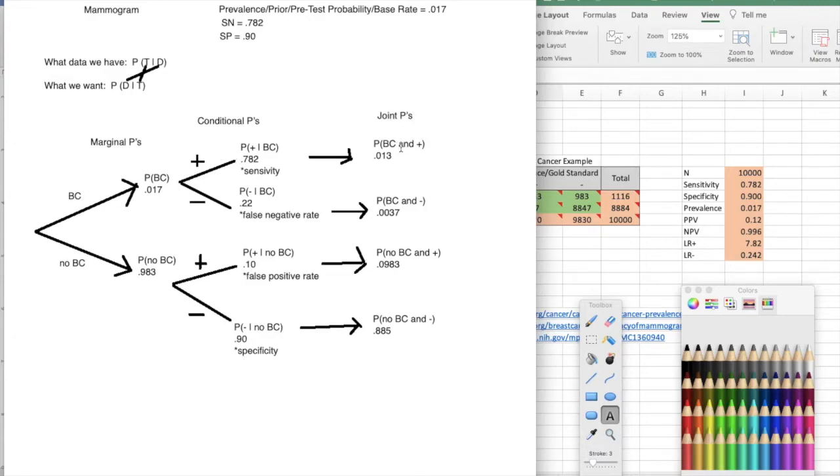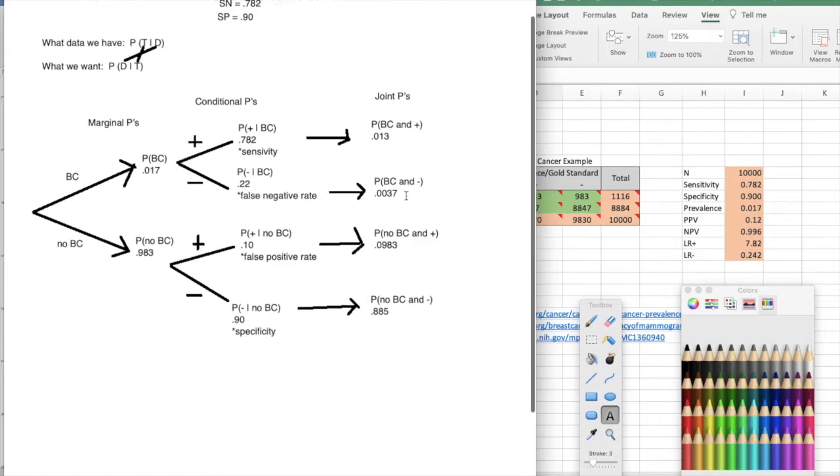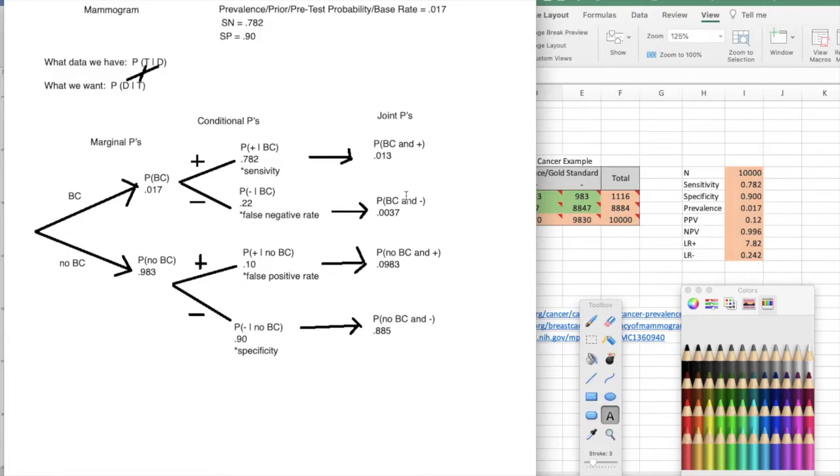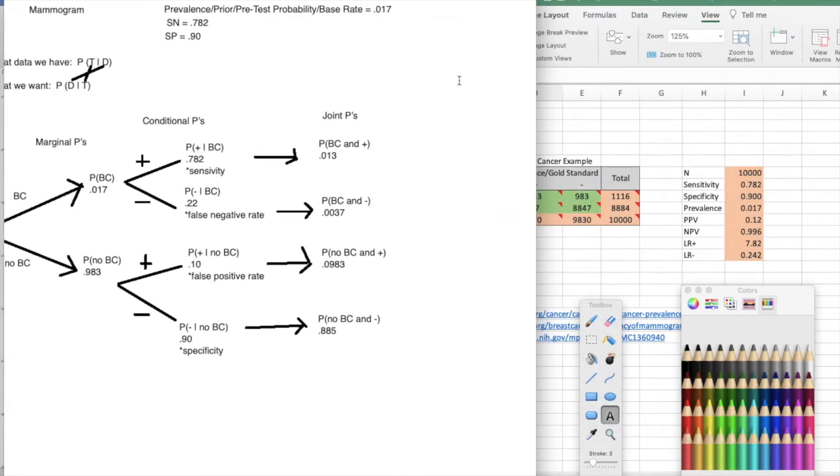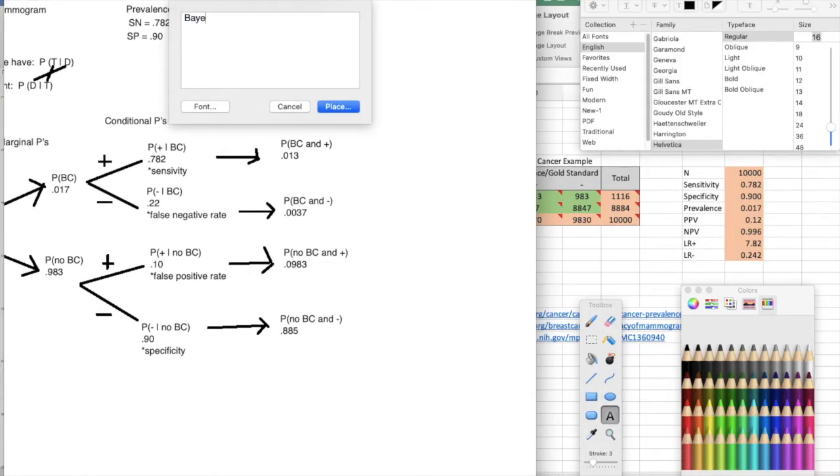So, from here, you've probably seen in these papers that explain positive predictive values, negative predictive values, likelihood ratios, mention of Bayes theorem, which is a mathematical construct that allows us to calculate conditional probabilities. And what's the conditional probability that we want? We want the probability of disease given a test result.